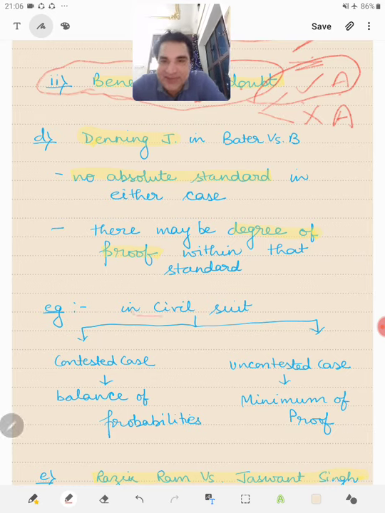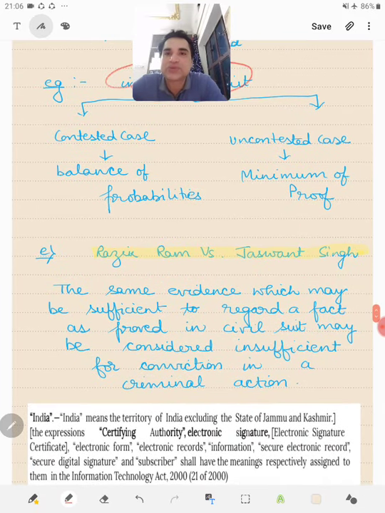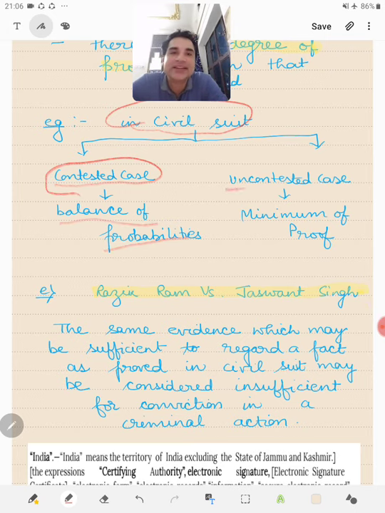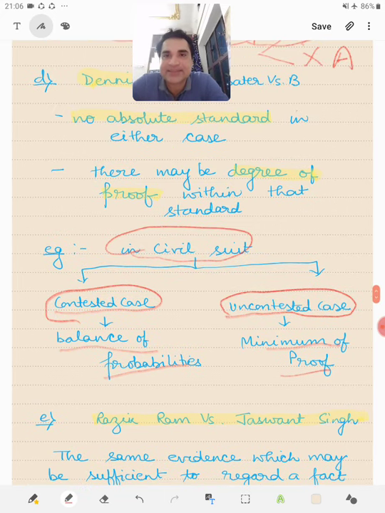Within civil suits also, the degree or standard of proof varies from case to case. For example, in a contested civil case, balance of probabilities would be required, while in an uncontested case, except for a matrimonial case, minimal proof will be required. So within civil proceedings also, there is not a uniform standard that has been set up, but it would depend upon the case.